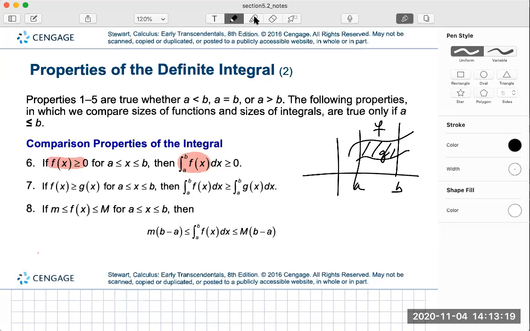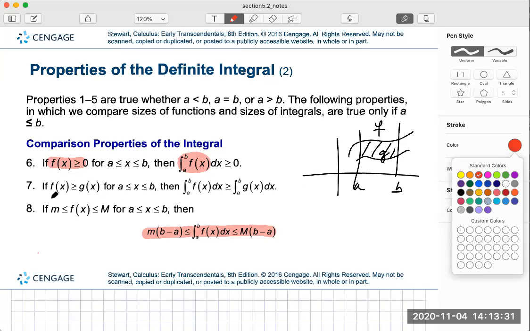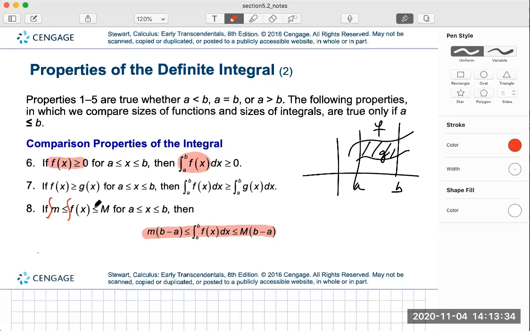And if f is between a minimum value m and a maximum capital M, then we have this inequality. You can imagine that we take the integral over all of this. The integral of a number m from a to b gives us m times (b minus a), and the integral of a constant capital M from a to b gives us capital M times (b minus a).